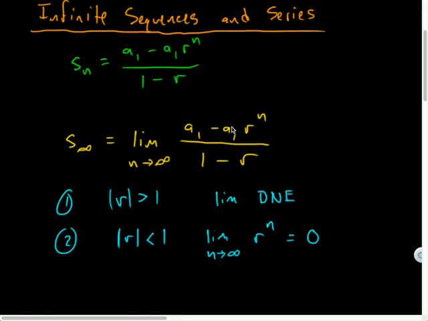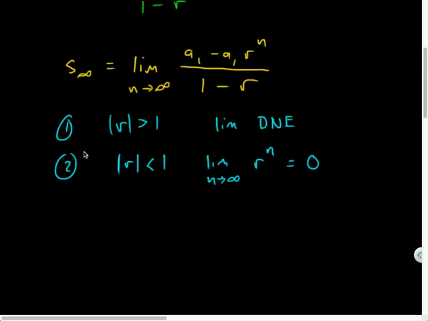And if this is 0, then this whole term is 0, and a sub 1 minus 0, a sub 1 is not influenced by n, so a sub 1 is just approaching a sub 1. 1 is not influenced by n, so 1 is just approaching 1. r is not influenced by n in this denominator, so r is just approaching r. So when I calculate that limit in this case, I would end up with S sub infinity, the sum of an infinite list.